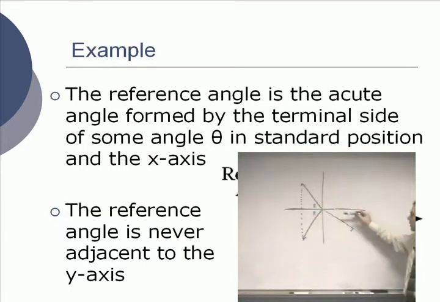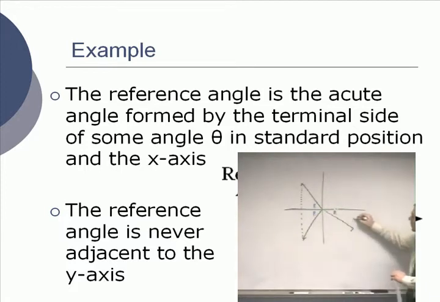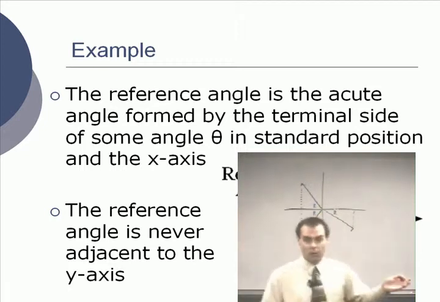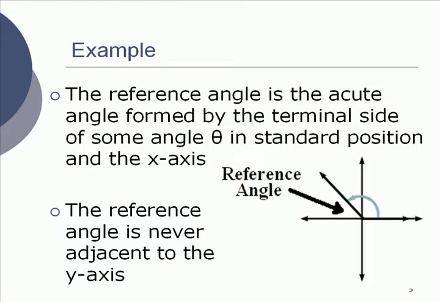Would the reference angle be above or below that? Above. The reference angle would be right here, again adjacent to the x-axis, and the reference triangle would be right there. Okay. Well, the reference angle is always going to be an angle within a triangle. It's always going to be an acute angle. It's always got to be between 0 and 90 degrees.